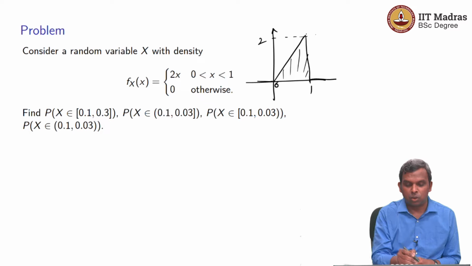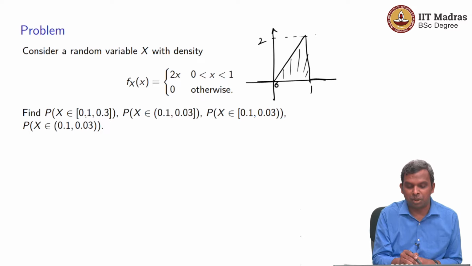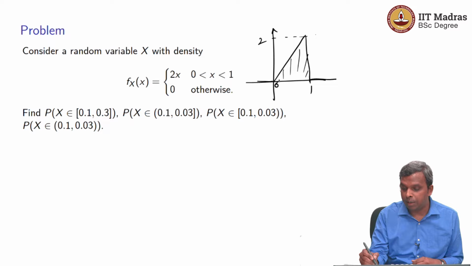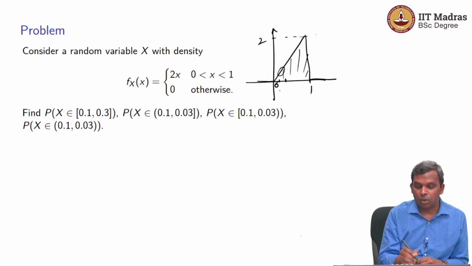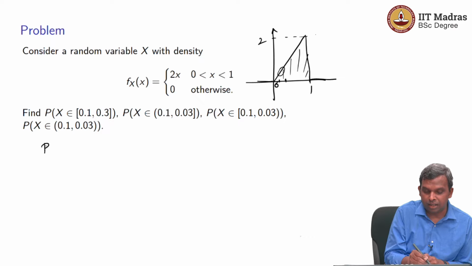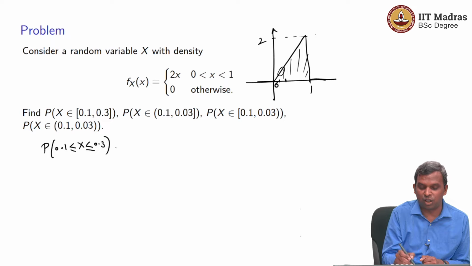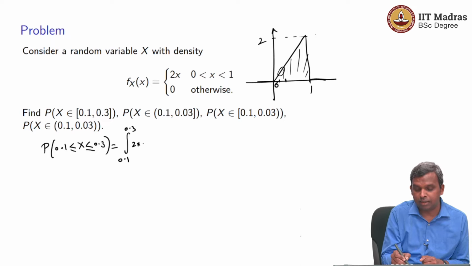So what's the probability that x is between 0.1 and 0.3? Remember, 0.1 and 0.3 are somewhere here, where the densities are like that. How do you do this? The probability that x is between, less than or equal to, it doesn't really matter, 0.1 to 0.3 of 2x dx.